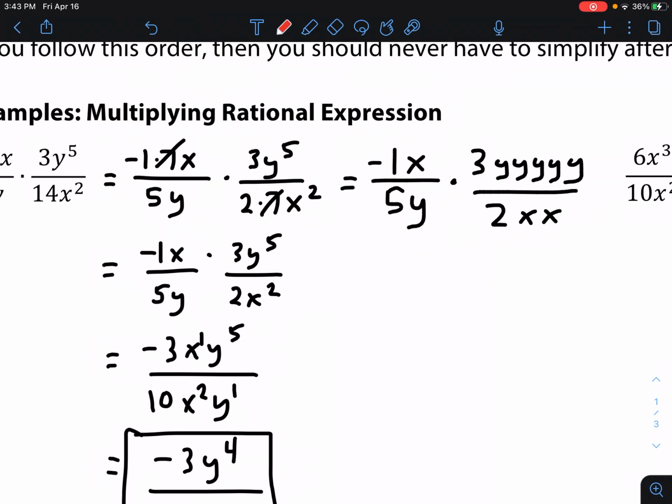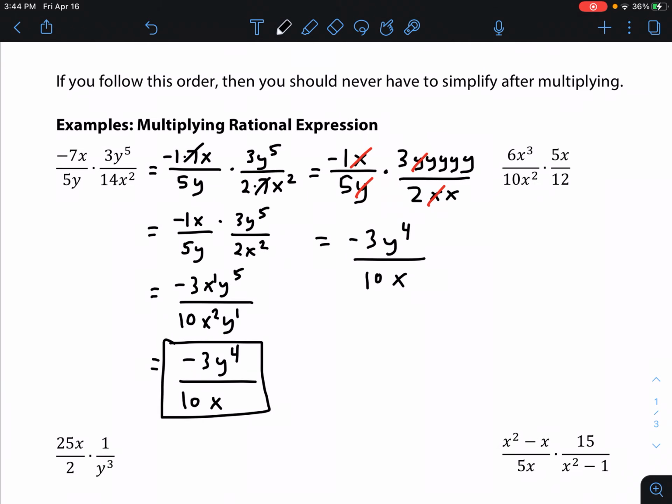So I can eliminate an x and an x, a y and a y, and now I can just write what's left. I can multiply what's left. So -1 times 3 is -3, and I have y to the 4th because there's 4 y's there. And then I have 5 times 2 is 10, and I have 1x. And you can see that we got the same answer.